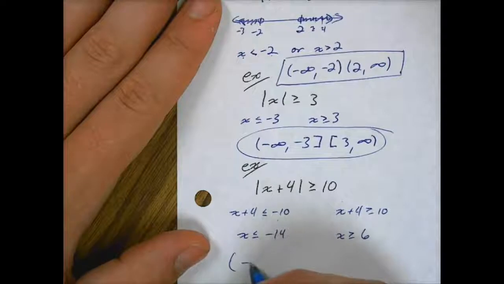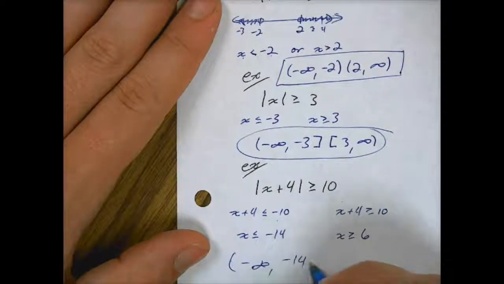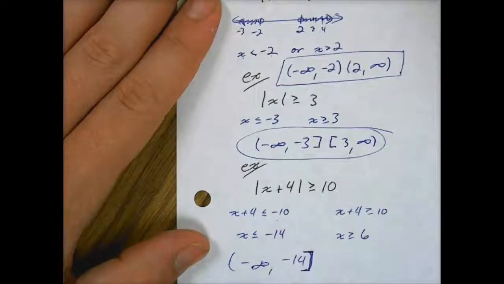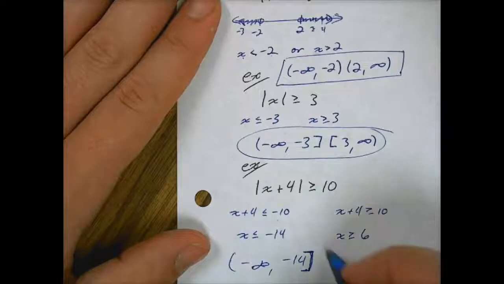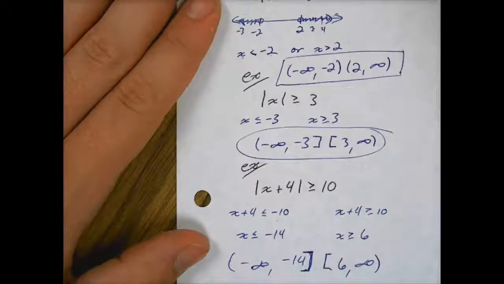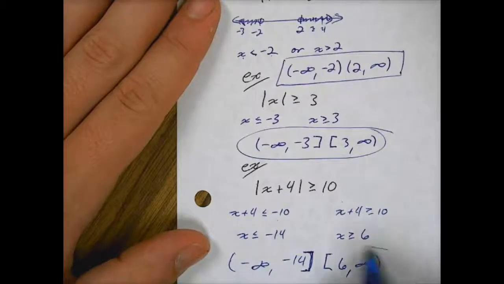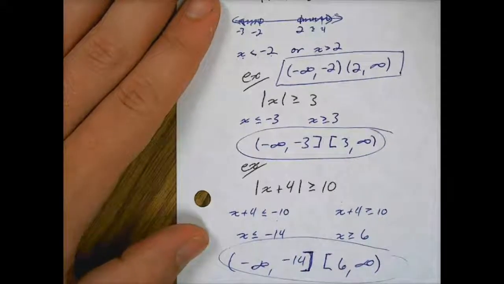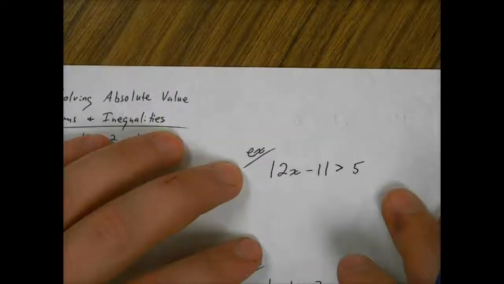So I have everything from negative infinity to negative 14. And that needs to be a bracket because we do have or equal to. And then we have everything greater than or equal to 6, so 6 to infinity. And that is what I want. All right, look at another one.